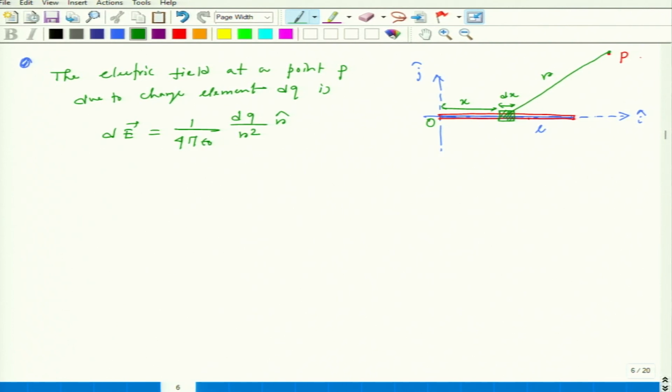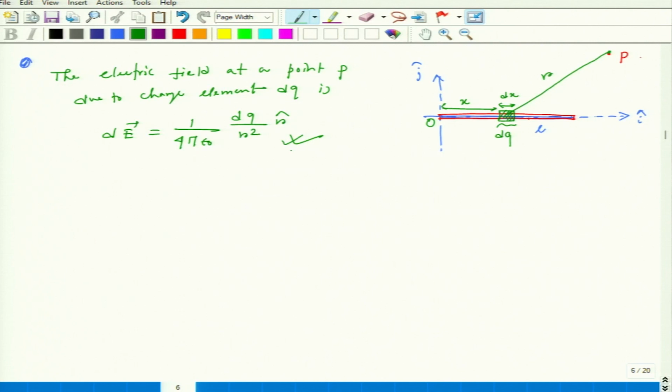This dq can be any part of the length. Consider this portion to be dq, the charge of this small element. We can consider it at any distance x, and the distance from this element to the point P is r. The electric field due to each charge element becomes this.